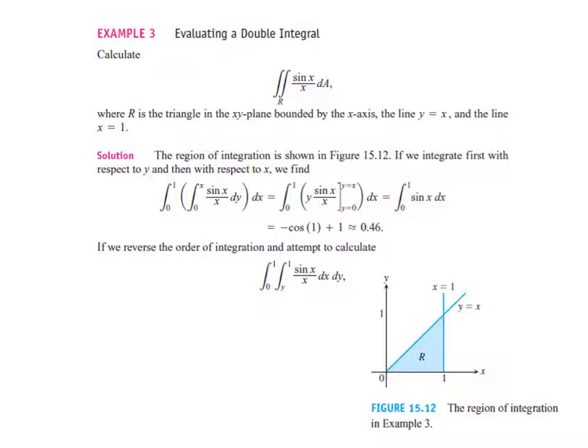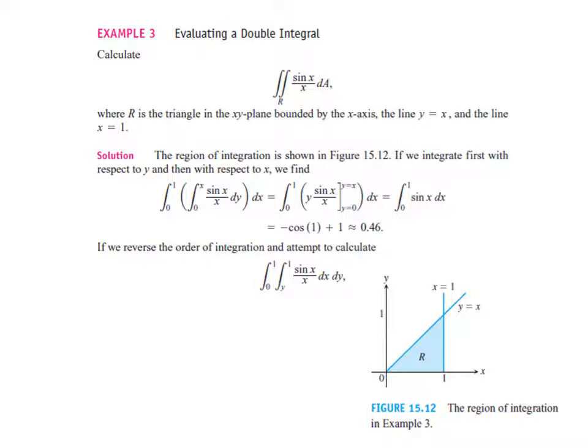In the first case I have taken y limits as the variable limits, that is y equal to 0 and y equal to x. The x limits are fixed, x equal to 0 and x equal to 1. So x varies from 0 to 1 and y varies from 0 to x. So I considered a vertical strip here.